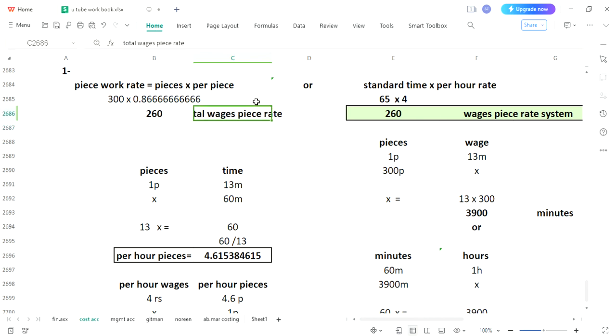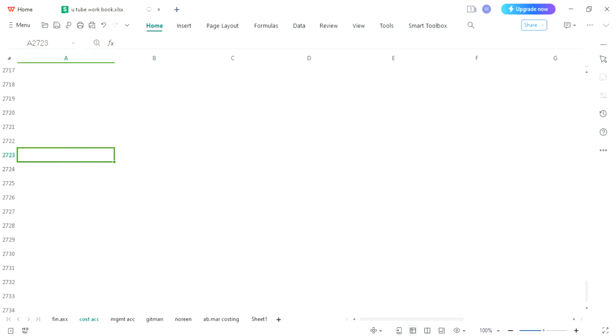All right, so let's mark it. These are our answers for the first part, though we have already solved it and calculated. You can see wage rate system 260, piece rate system 260 for the first part, but now we will be starting our second part.